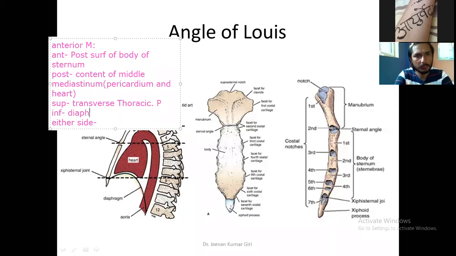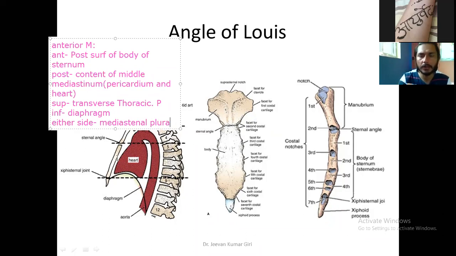Diaphragm, dome of diaphragm. What is on each side? Mediastinal pleura, mediastinal surface of pleura and lungs. So this forms the boundary of the anterior mediastinum.